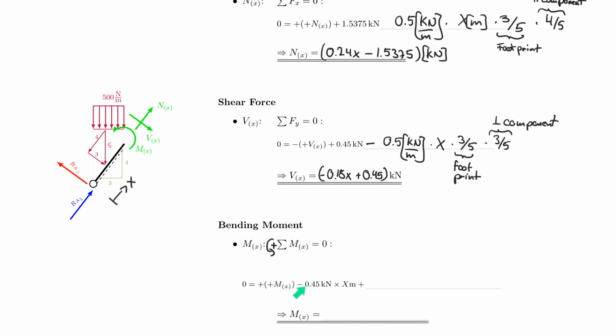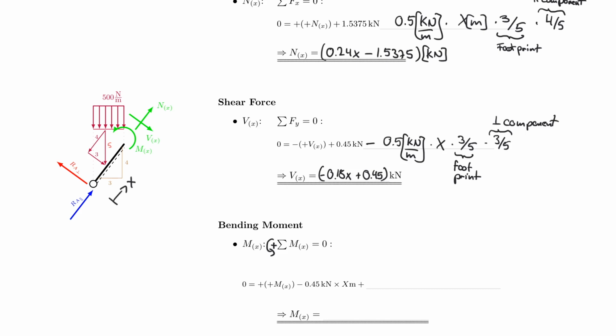Therefore, it's positive. I have 0.45, which is this force here, times x, right? Because the lever arm, we're turning about this point here again, and x starts here. And so the longer that gets, the longer x gets. And now we need to worry about this component times x. So let's look into that.